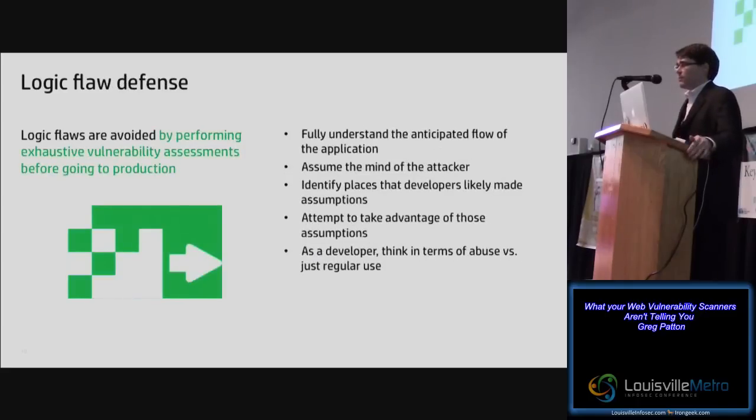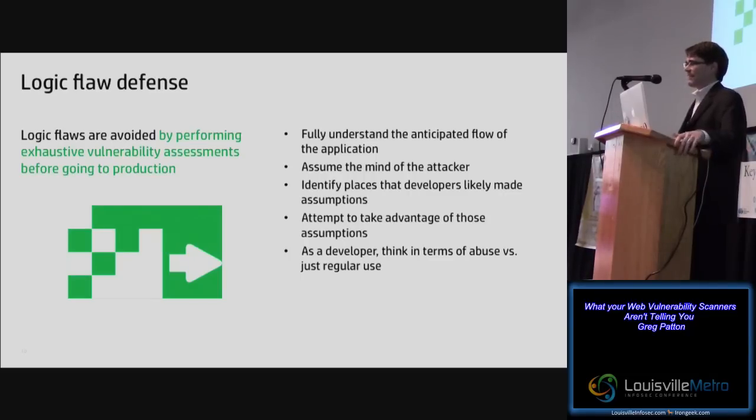So a couple defenses for logical flaws. The main defense is not just relying on your static and dynamic vulnerability scanners. It's actually diving in and thinking like an attacker, trying to walk through the exercise of not just what is the proper path that a user goes through to execute this function, but what else could a user do?